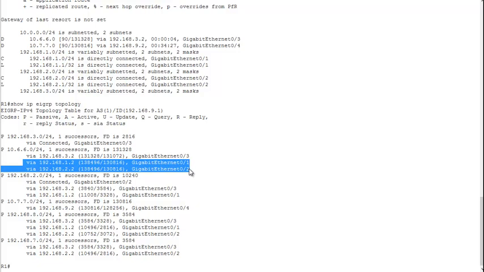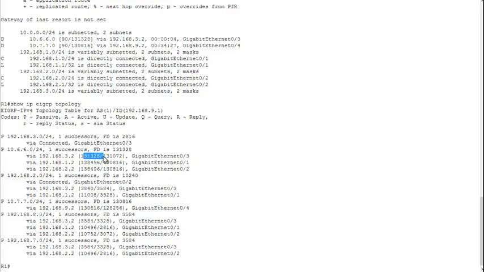So I could put two in there. By default, I can put 4. This guy has the best metric. These guys don't, so we only have one route. If there was another route with a 131,328 metric, we would have multiple paths to the destination, but now we only have one.